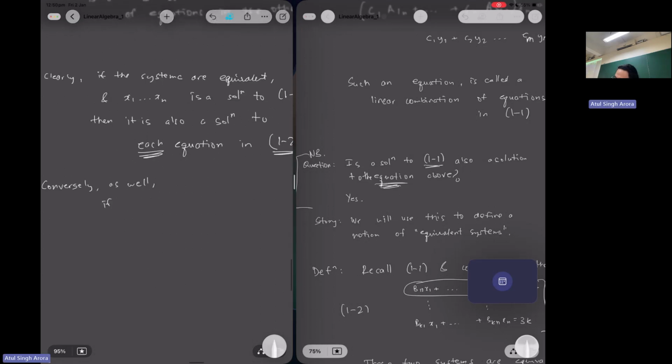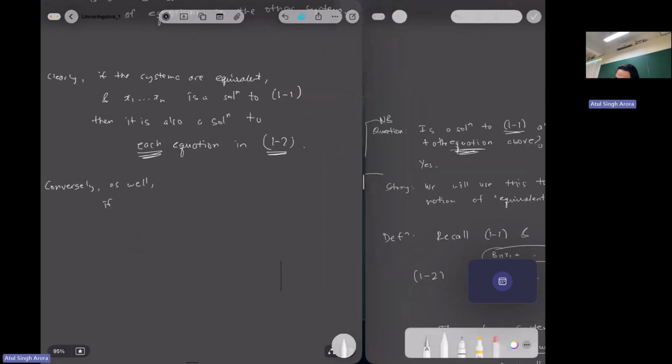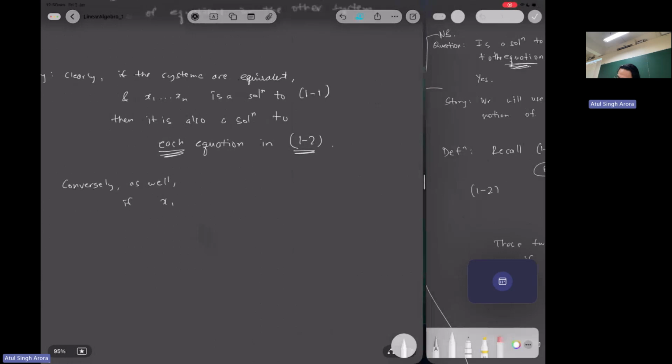So tell me what the converse statement should be. If x1 to xn is a solution to 1, 2, then it is also a solution to 1, 1.